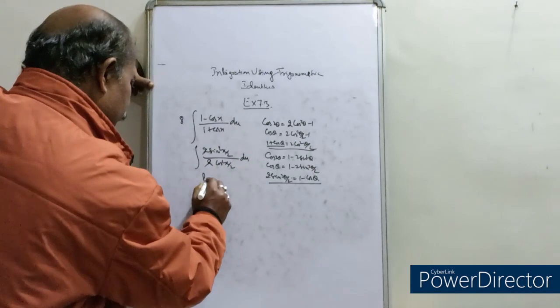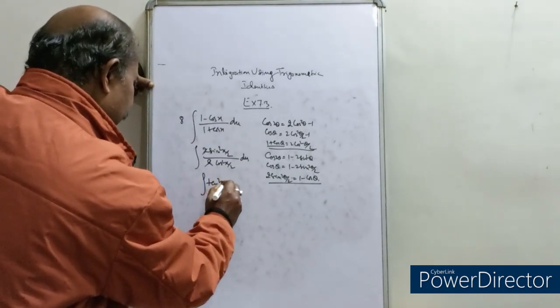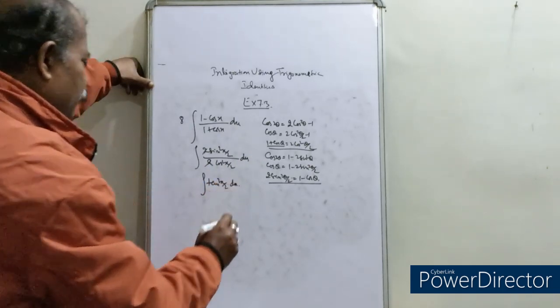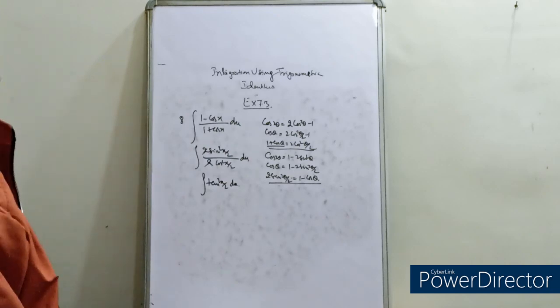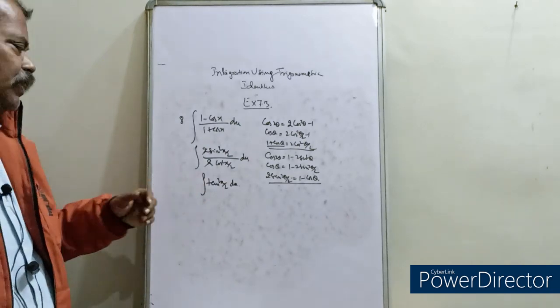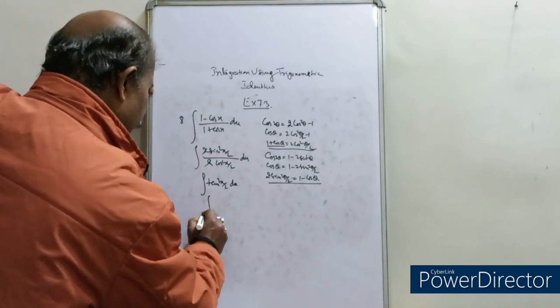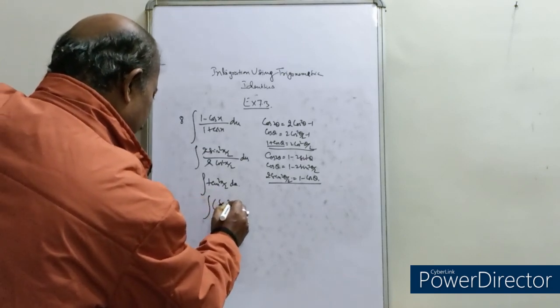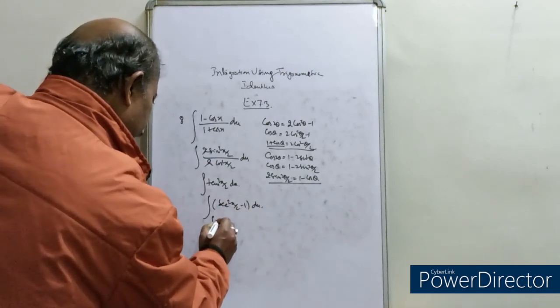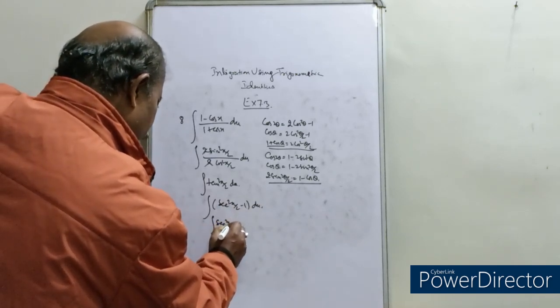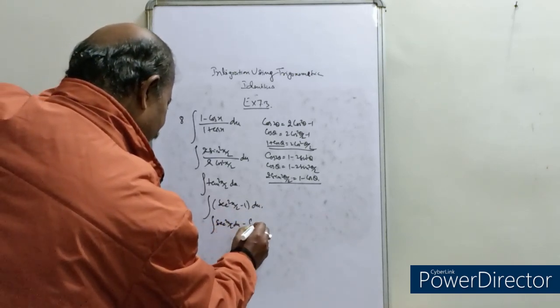So this becomes tan square x by 2 dx. We know that we do not have an integration of tan square x, so I am going to convert it into sec square x. So this becomes sec square x by 2 minus 1 dx. So this will be sec square x by 2 dx minus dx.